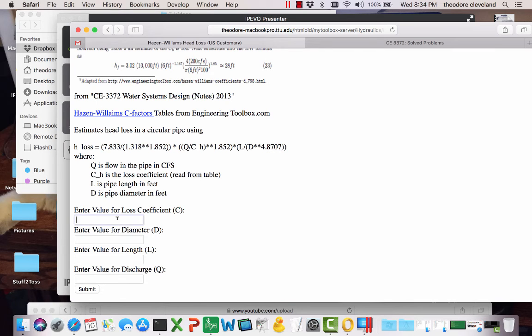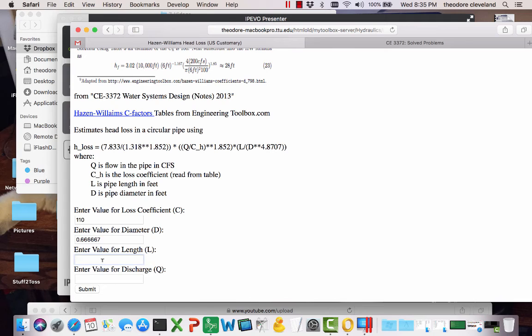And so we'll go for the first pipe, which has a loss coefficient of 110, a diameter of 8 divided by 12, 0.66667.